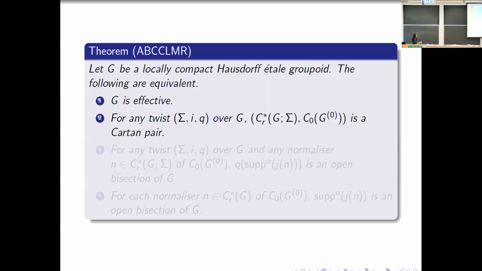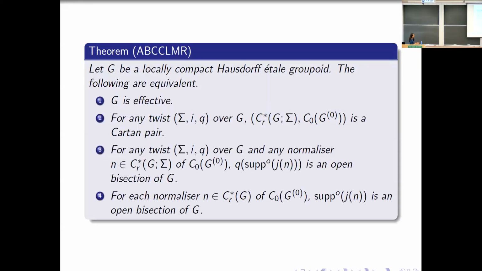Let me show maybe the final slide. So what I would like to conclude is the following. As I said, we try to relax the condition of a Cartan pair by using this algebraic language.